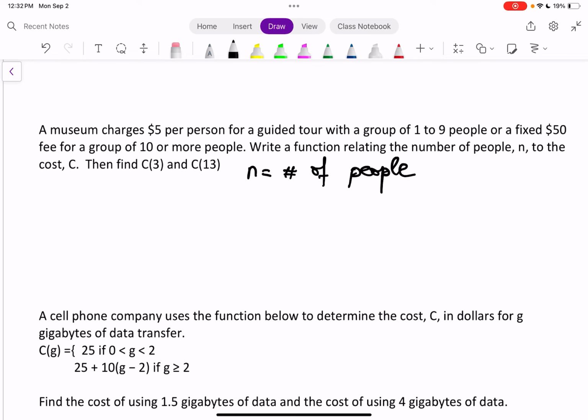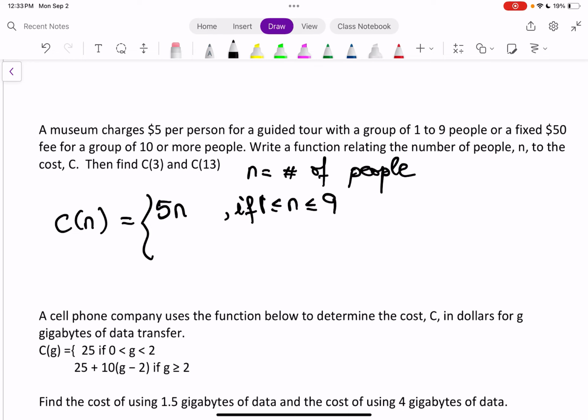to the cost. So C of n is going to equal, if you're bringing between 1 and 9 people, you're going to pay $5 per person. So for each person that you bring, you multiply by 5, yes? So one person is 1 times 5. 2 people is 2 times 5, right?